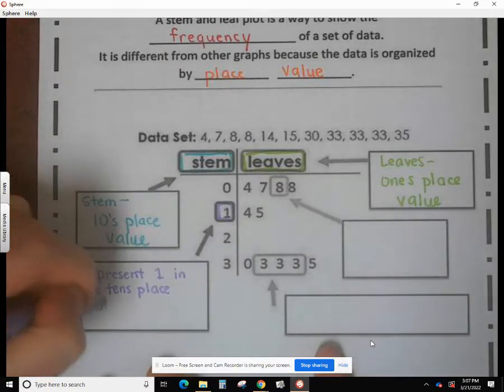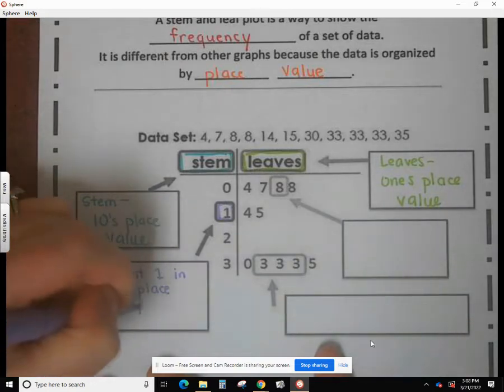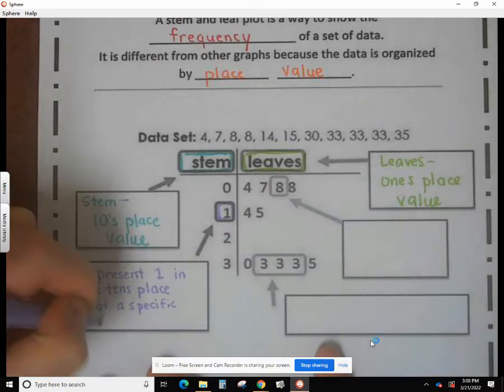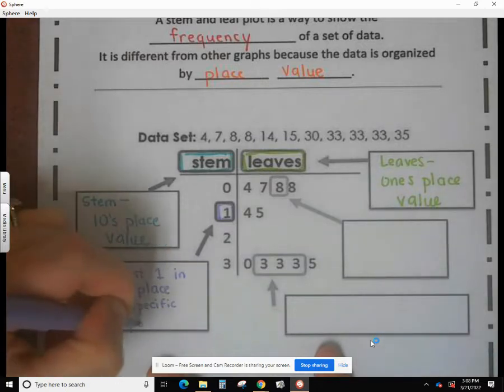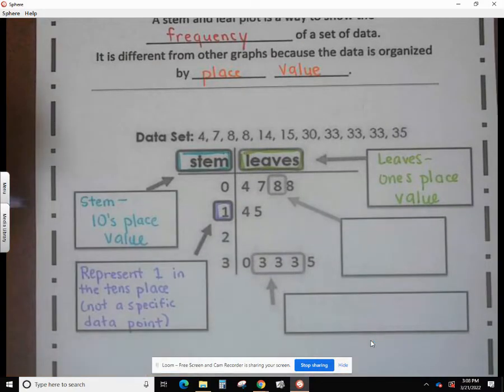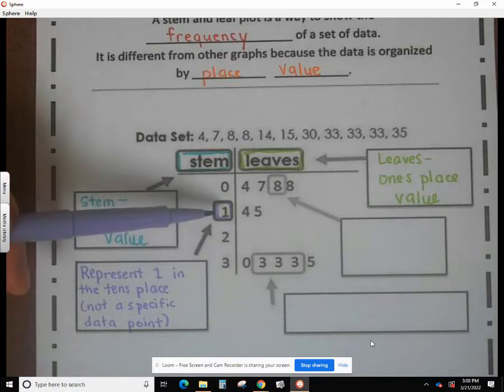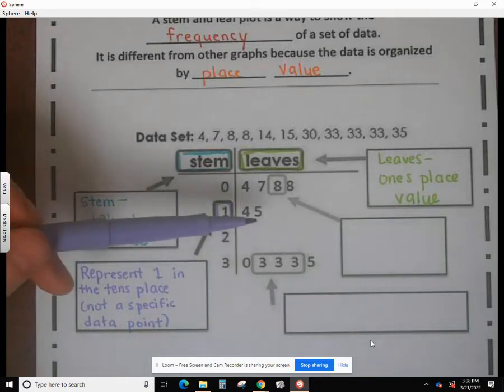It is not a specific data point. So 1 in the tens place, some people might think that represents 10. But in order to represent 10 here, it would have to have a 0 over here. So these are working together. You can't just look at the stems by themselves. The stems have to go with a leaf.